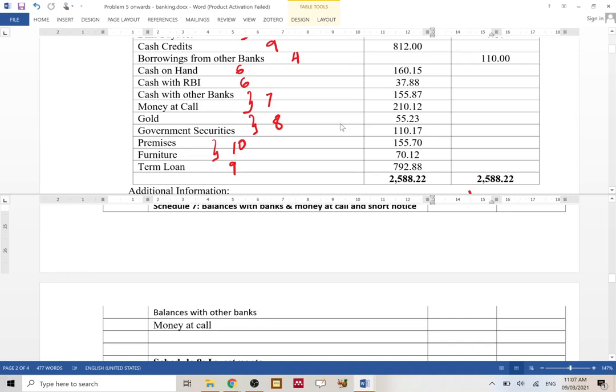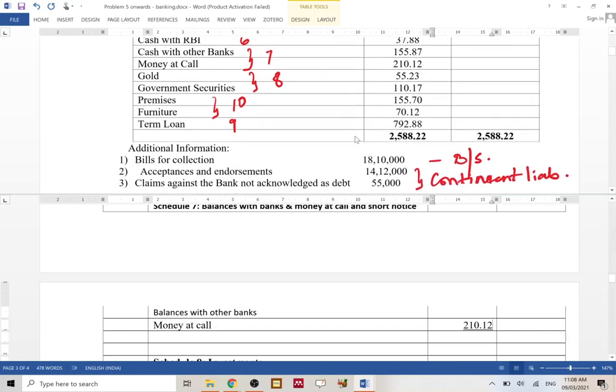Again, this is also something that we are going to do through the working note. The cash with other banks will also be done along with the working notes, so we leave that. Money at call is what we are going to enter, that is 210.12. We will come back to the cash with other banks.